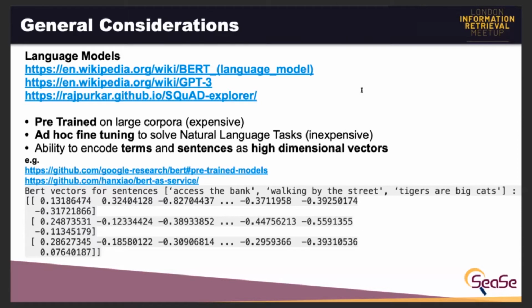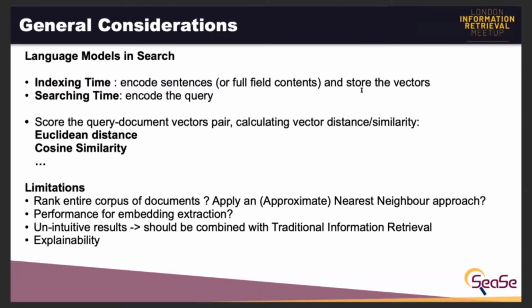Once you have a vector from a sentence, you can imagine how you can use a language model in search. At indexing time, you will be able to encode sentences, for example on full field content, and store the vectors in a data structure that can be used at query time. At query time, you may encode the query and then score each query-document vector pair, calculating some of the possible distances you may be interested in.